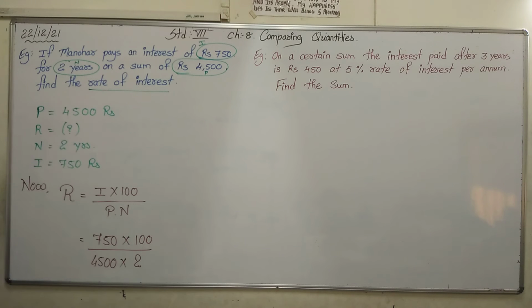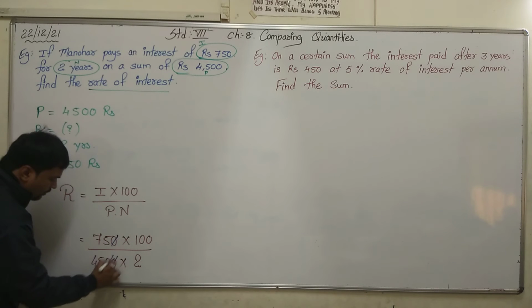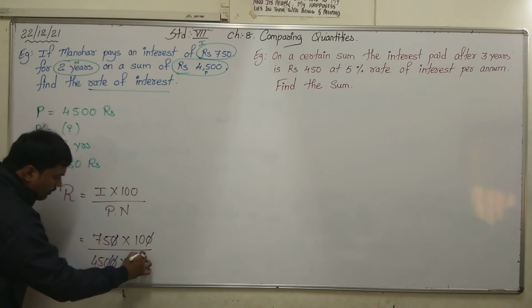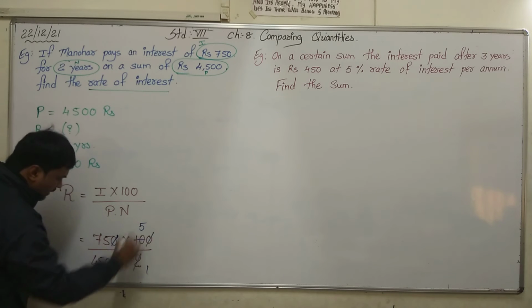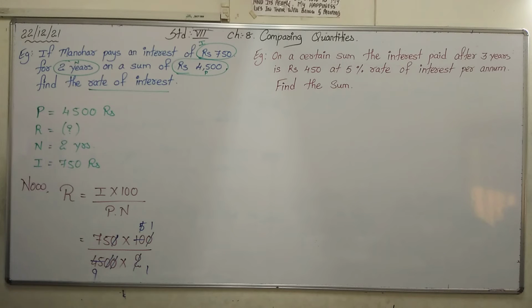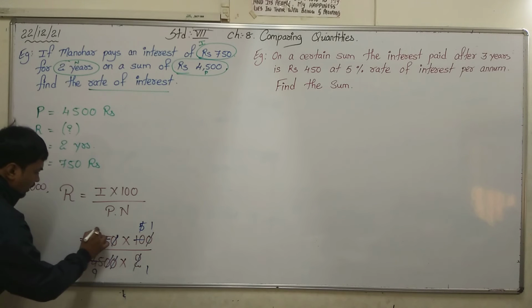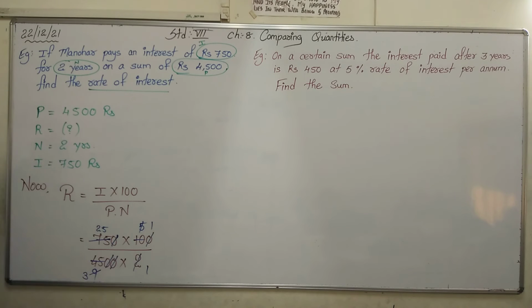Cancel the zeros. 2 ones are 2, 5 ones are 5, 9s are 45. Then 3 fives, 25s are, 3 threes are.